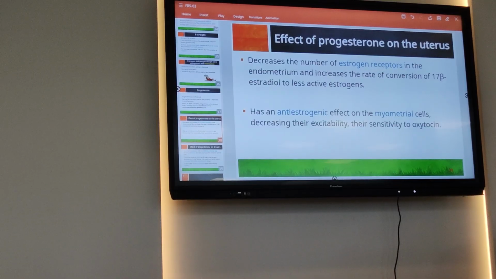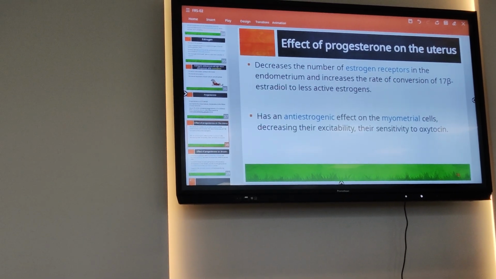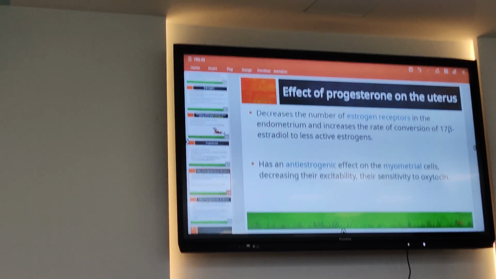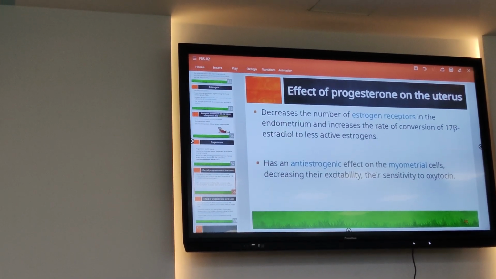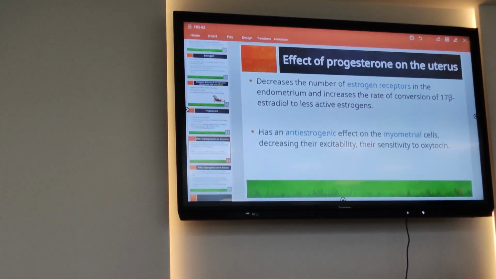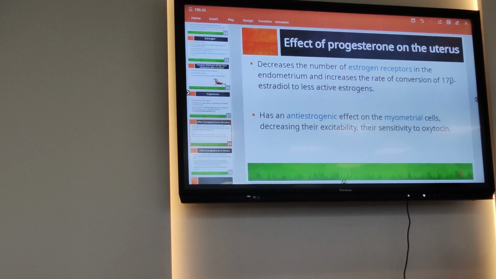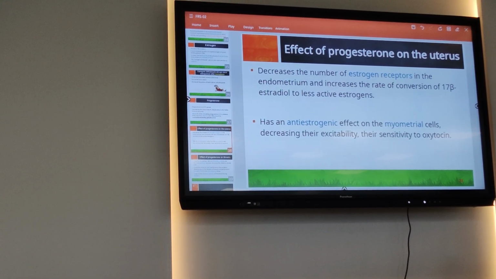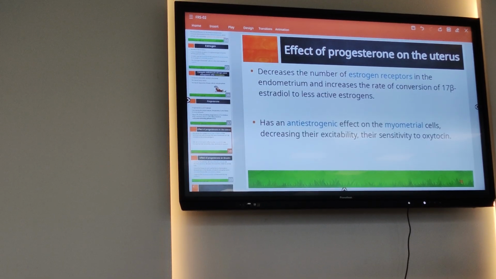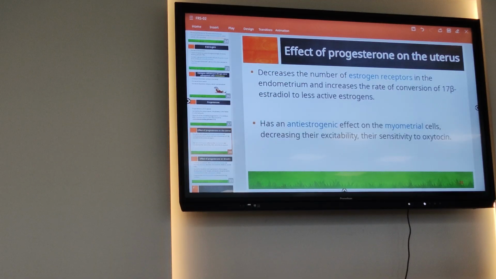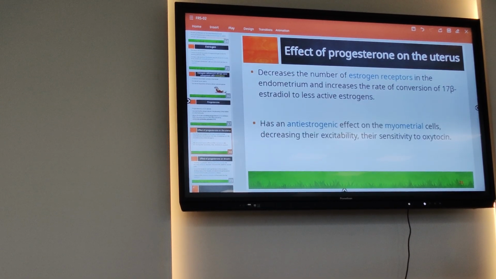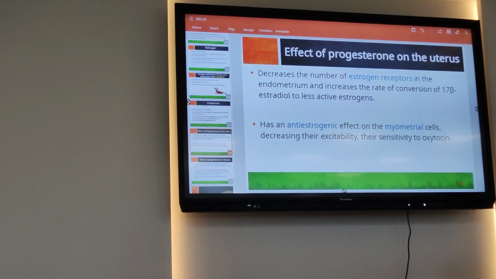They act in different ways. One helps to promote the other, but progesterone inhibits estrogen. And by the way, in the contraceptive tablets, we are using a low concentration of estrogen and a low concentration of progesterone. Both of them are in the tablets for contraception in female because estrogen increases the function of progesterone.